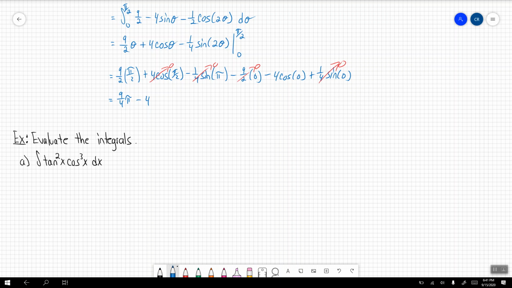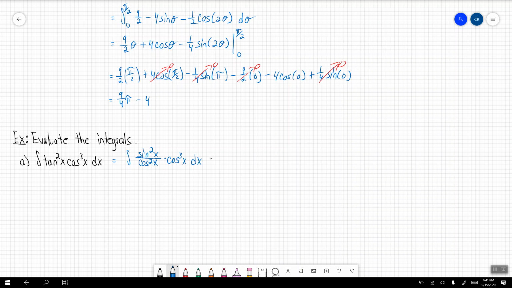However, this does actually simplify kind of nicely if we express tangent as your quotient identity as such.